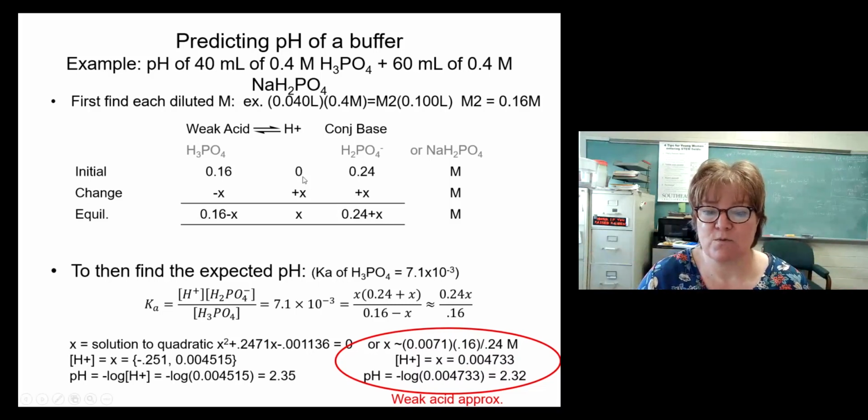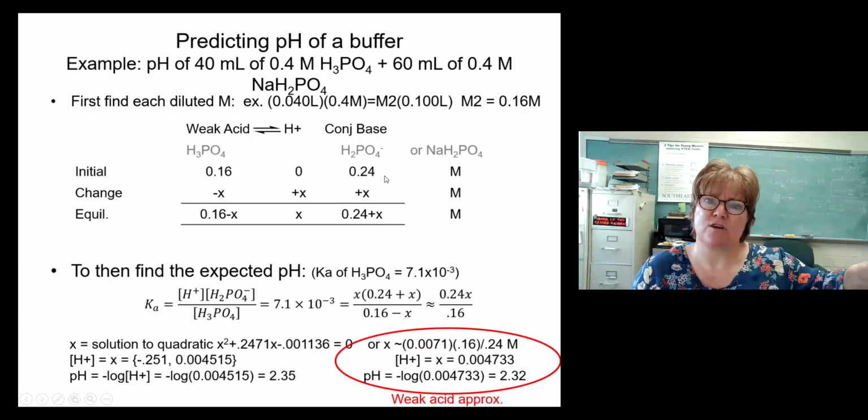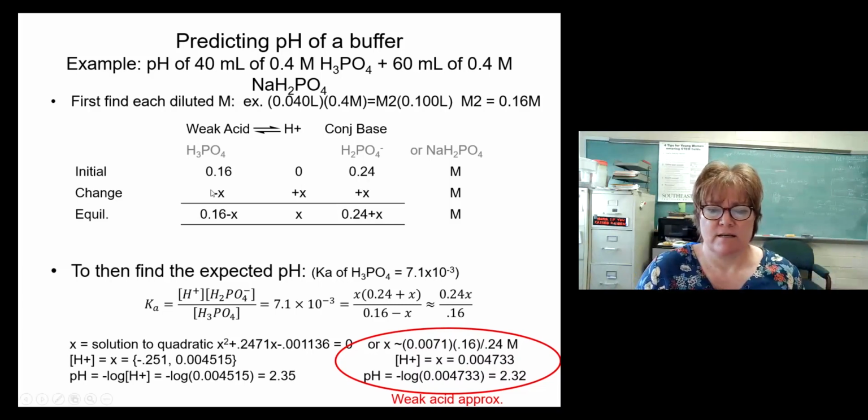So the H plus would be 0, but I do have some initial concentration of that conjugate base. So I could calculate the change, and then I could put it into my Ka formula. I get an ugly quadratic. I could solve the quadratic, and I could come up with what the pH is.